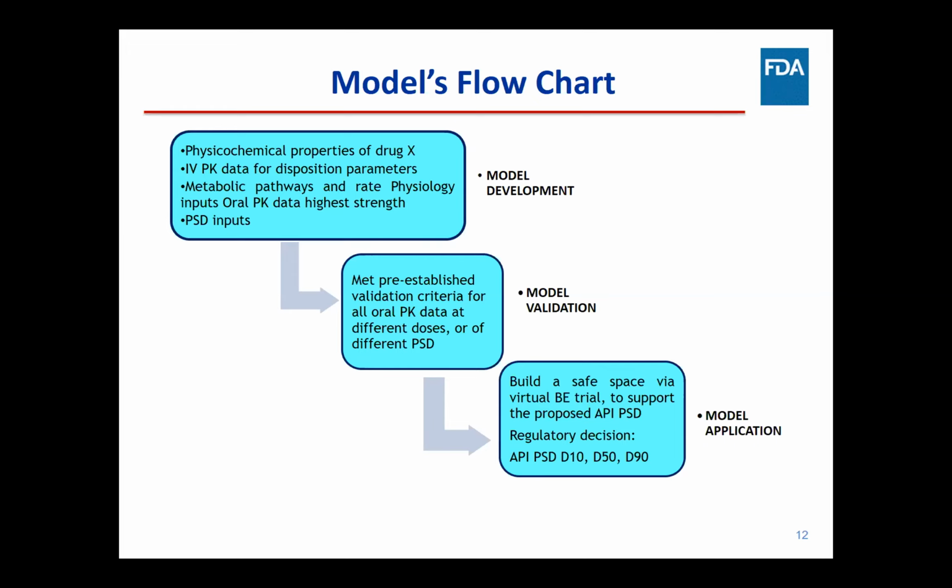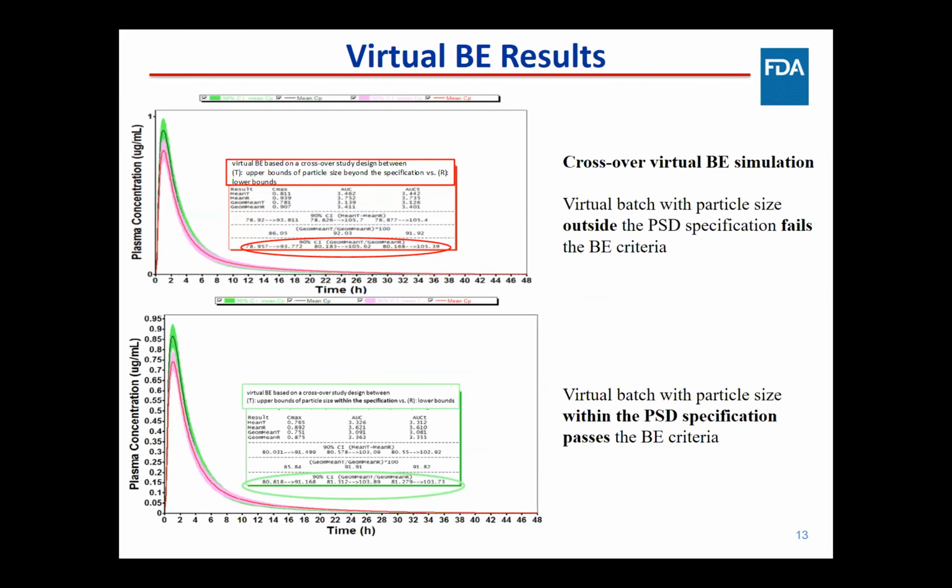Model application was to support the particle size spec based on the virtual BE study results. Next one. So here we see on the top failed virtual BE results when the particle size was outside the specification. And on the bottom, when the virtual BE passes, the particle size is within the PSD spec.